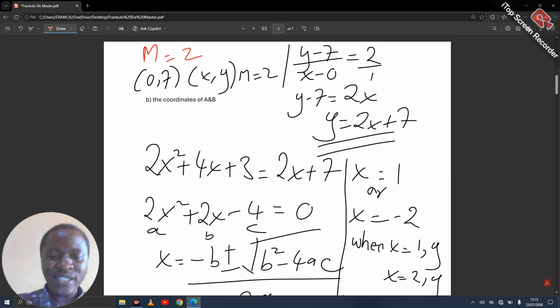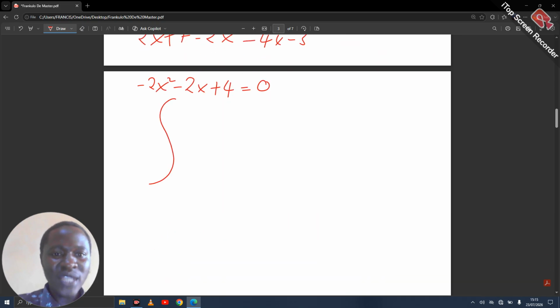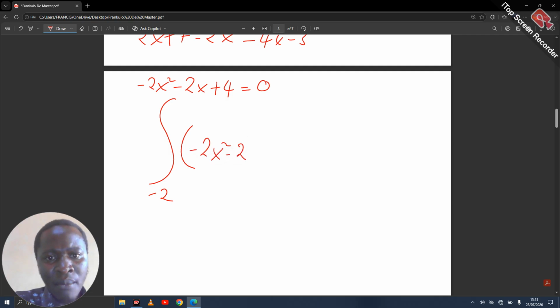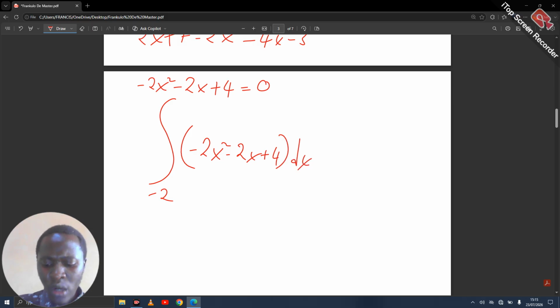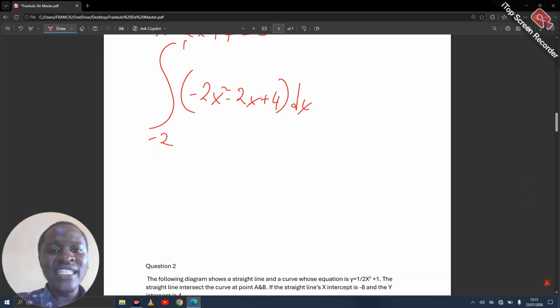So we shall have this, -2. Then what are we integrating? We are integrating -2x squared minus 2x plus 4 dx all the way to +1. Now, after having that, it is just a matter of substitution.